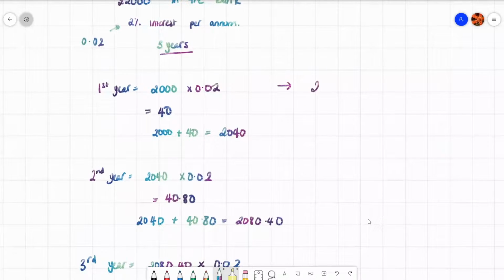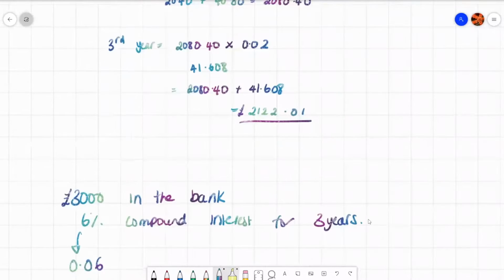I could have done 2,000 times 1.02, because this number 1 will already include the £2,000, which is your 100% value. So 2,000 times 1.02. And if you do that on your calculator, you will see we end up with 2,040. So I didn't have to work out 2% and then add it on to the original value. I can just straight away times by 1.02.